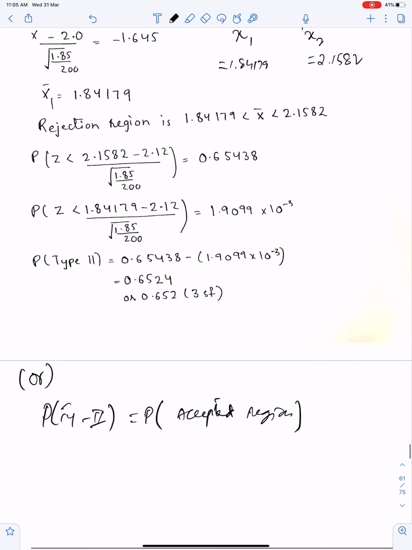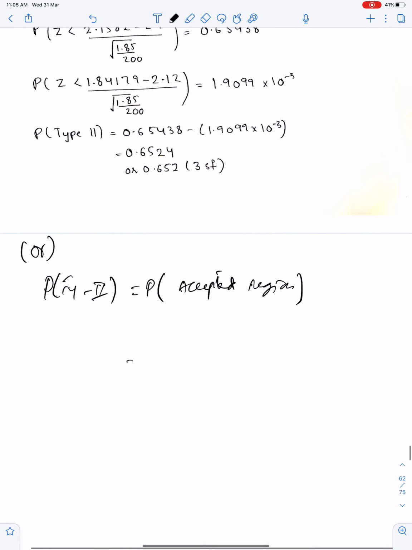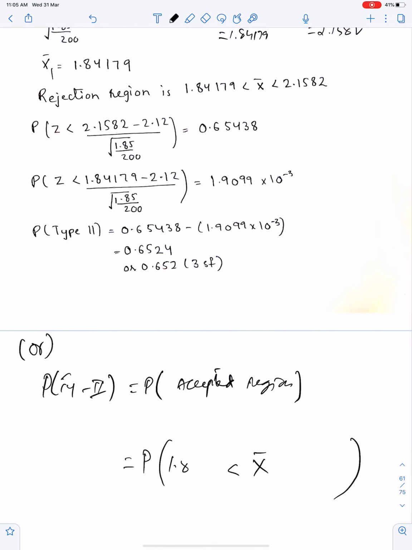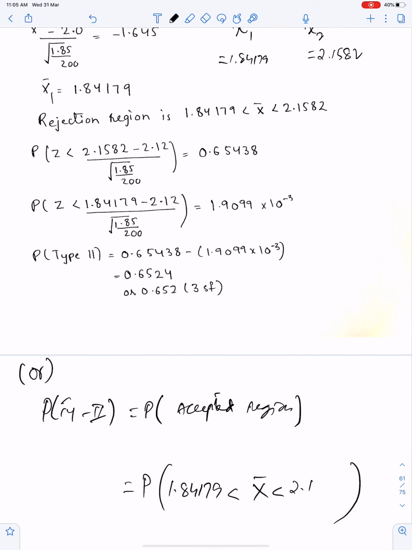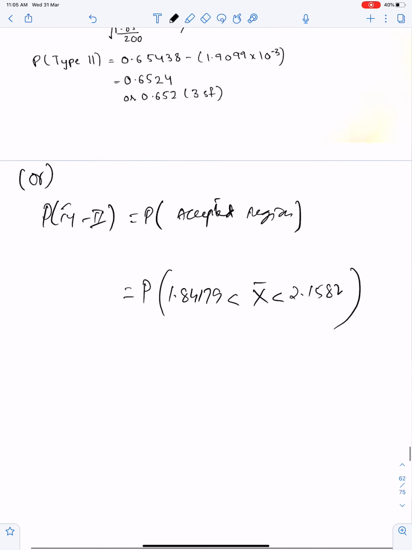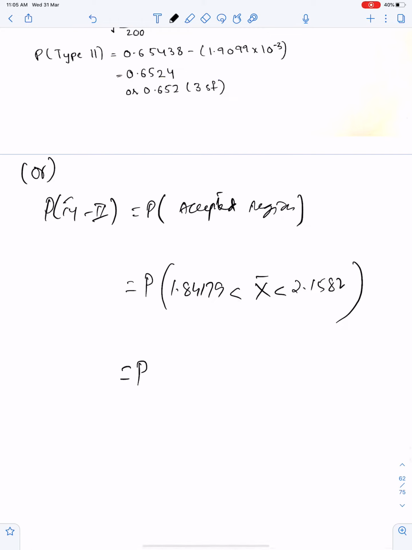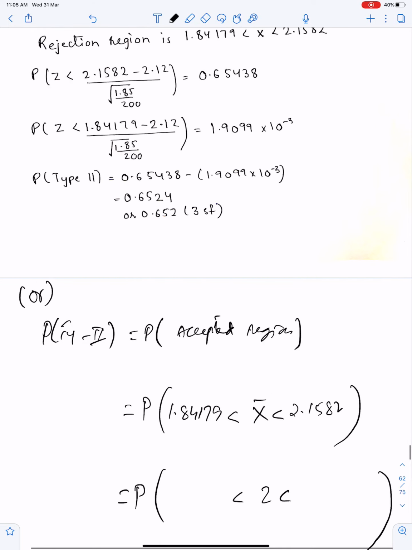And the accepted region is this: 1.84179 and the second one is 2.1582. So a new mu must be used, 2.12.